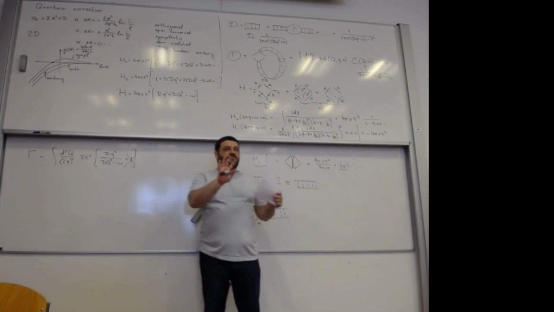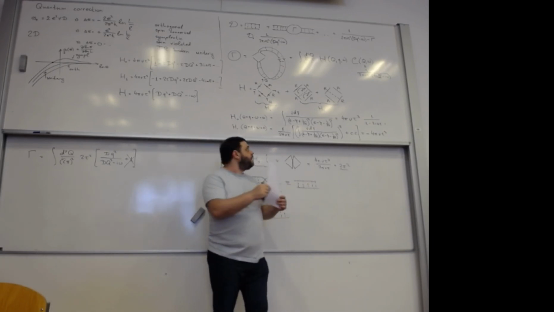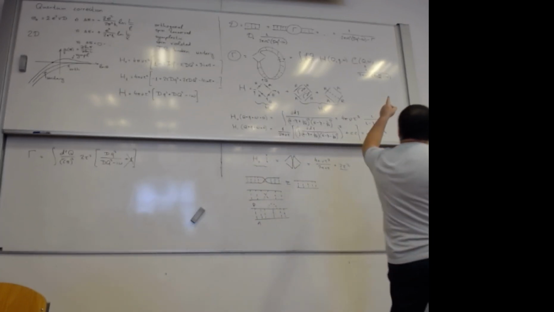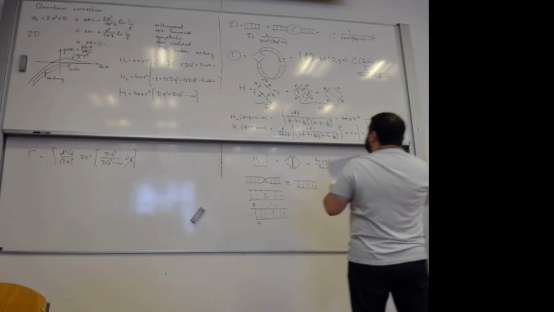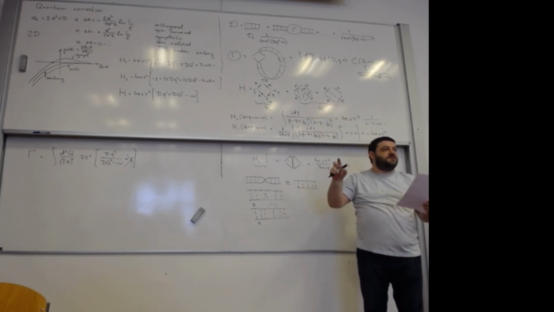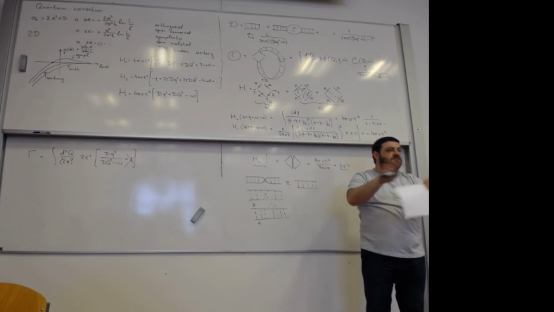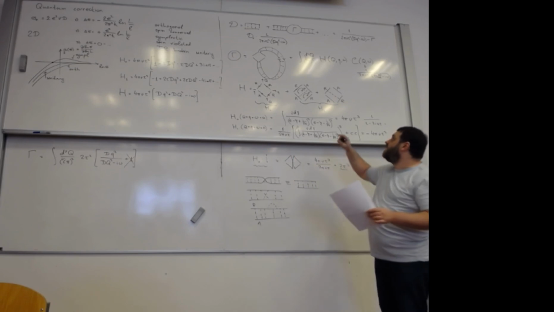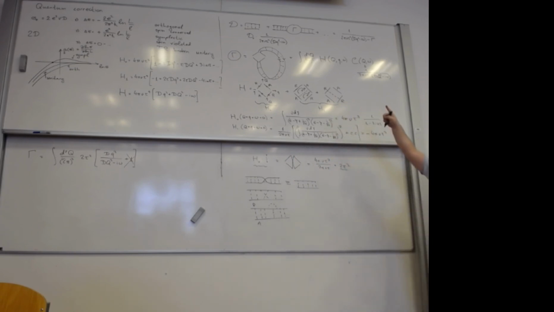And actually, it's a very simple check. I told you on the very first lecture that the diffusion propagator, this one, T0, is singular when Q and omega are 0. It has 0 in the denominator, it diverges. This is a manifestation of the conservation of number of particles. But now, when I include this correction, I also have gamma in the denominator.